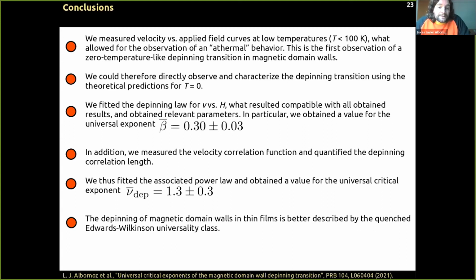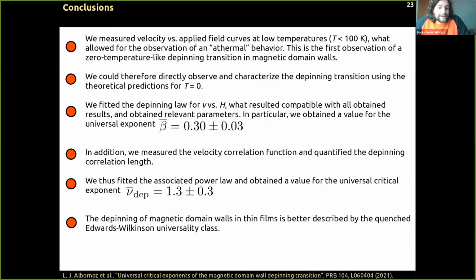We fitted this law, the pinning law, and obtained a value for the beta exponent. Then we could quantify the pinning correlation length by measuring the velocity correlation function. And we obtained also a value for the critical exponent, which characterizes the divergence of the correlation length.